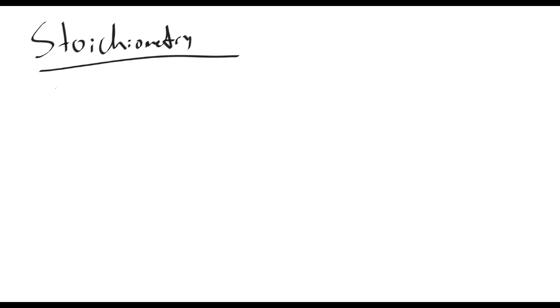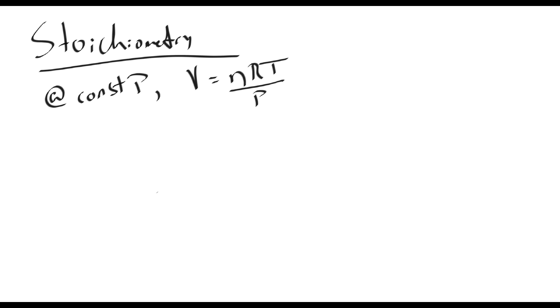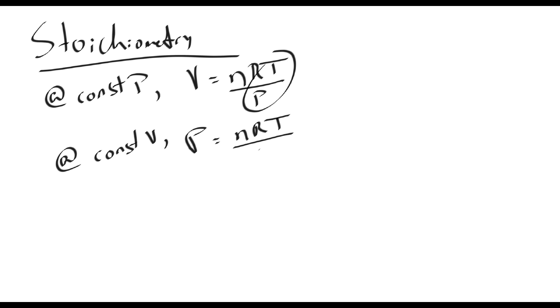Now, let's finally look a little bit at stoichiometry. At constant pressure, volume of your system is going to be directly related to moles, because these three things over here are going to be constant. Similarly, at constant volume, pressure is only dependent on moles, because these three are constant.